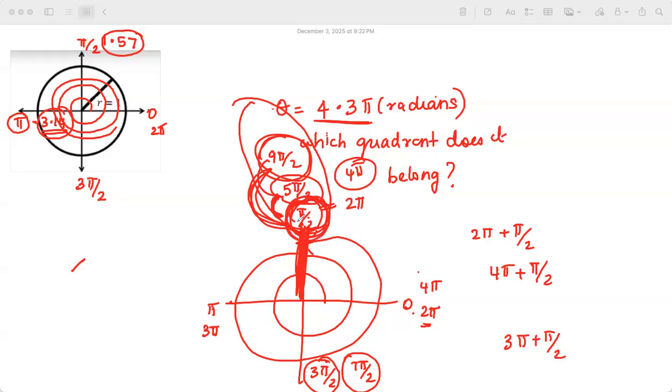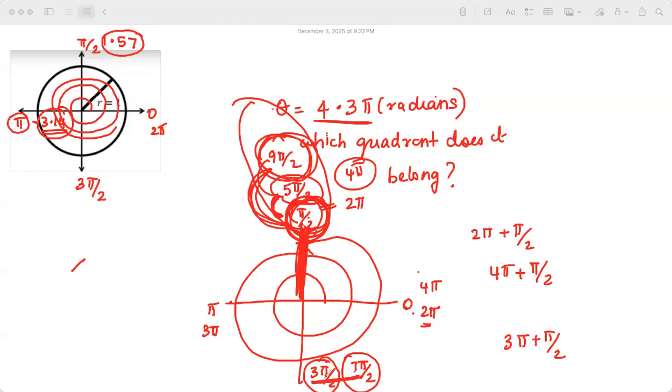The first time when I went, I had pi by 2. And after that, I went one full circle and another full circle, and I landed on 9 pi by 2. So the same terminal ray can be shared by different angles, and such angles will always differ by an integer value. See, 7 pi by 2 and 3 pi by 2. The difference was one revolution, right?